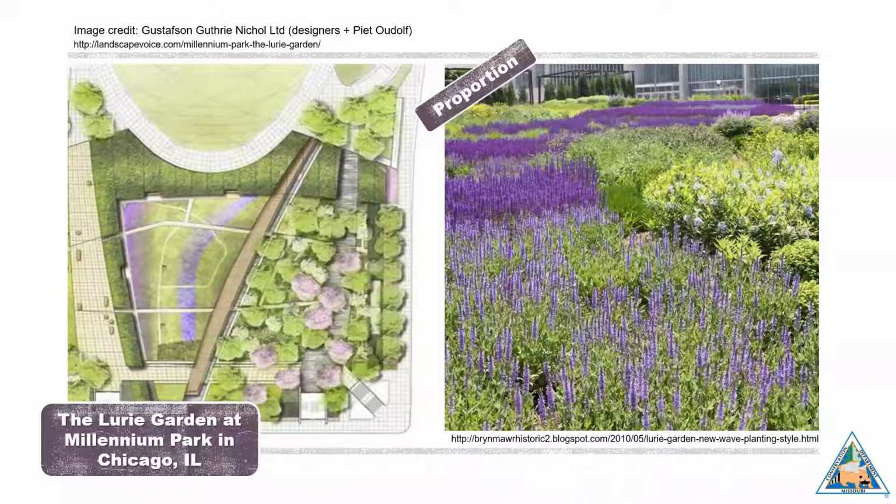And you'll notice that purple line stands out very clearly. It's very bold. It makes a very strong statement. If that purple line were twice as wide, it would wash out. It wouldn't be as noticeable in a field of green as it is. So I really like this example for proportion because it shows you the impact that the size of your elements in your garden can make when they're viewed as a whole.